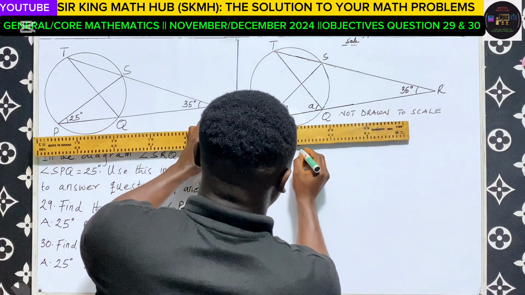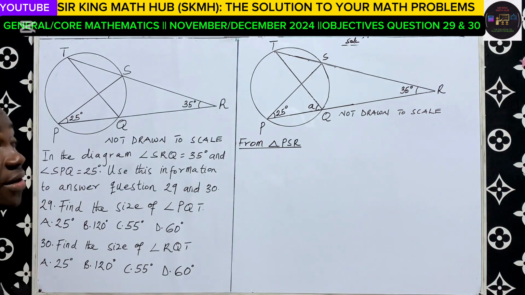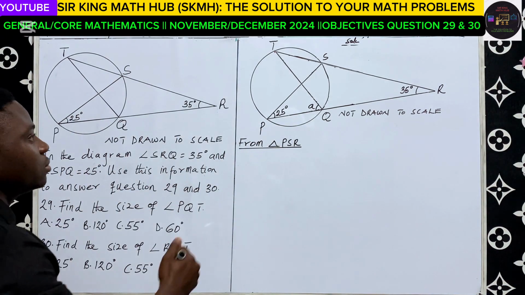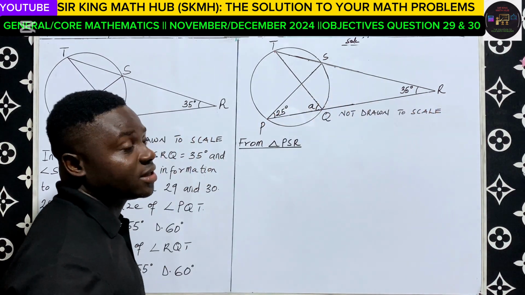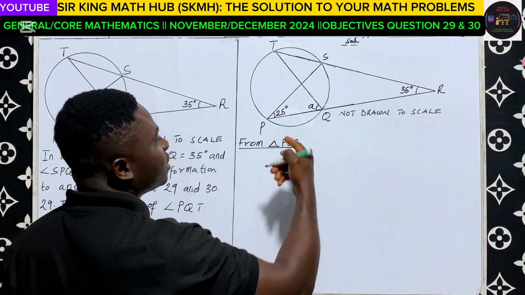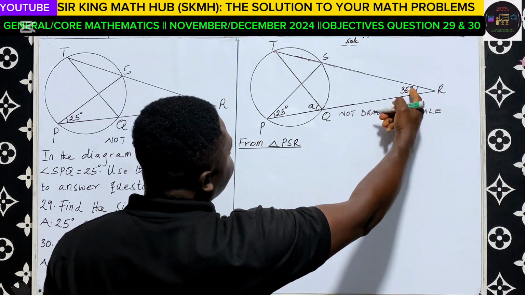Now, we know that the sum of the interior angles of a triangle is 180 degrees. So from triangle PSR, because it's a triangle, it will have three interior angles. One angle measures 25 degrees, another angle measures 35 degrees.